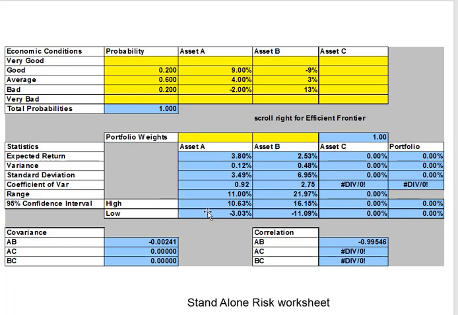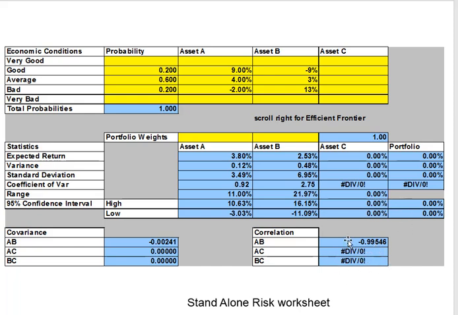If you look down through the statistics, the 95% confidence interval, you can see that there's a 95% chance that asset A's return is between -3 and 10, and there's a 95% chance that B is between -11 and 16. This also calculates the correlation and covariance, and you can see here that the correlation is -0.99, covariance -0.0024.